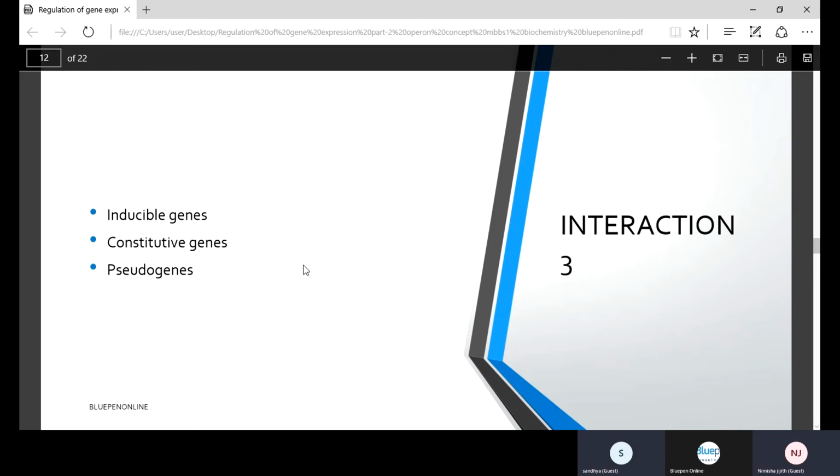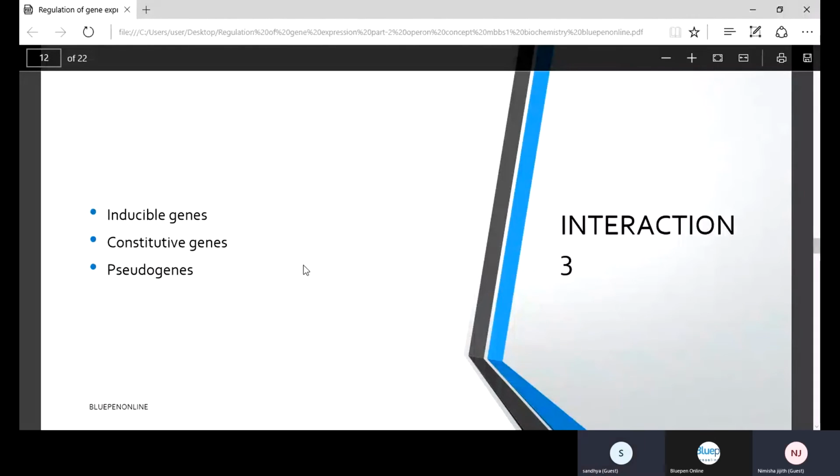Now it is clear. What is lactose? What are the contents of lactose? Normally, lactose is digested by which enzyme? Lactase, present in our intestinal brush border cells. Lactose splits into glucose plus galactose.